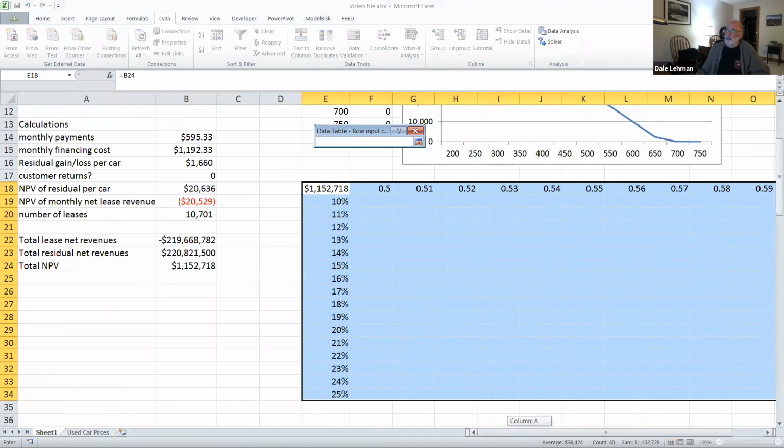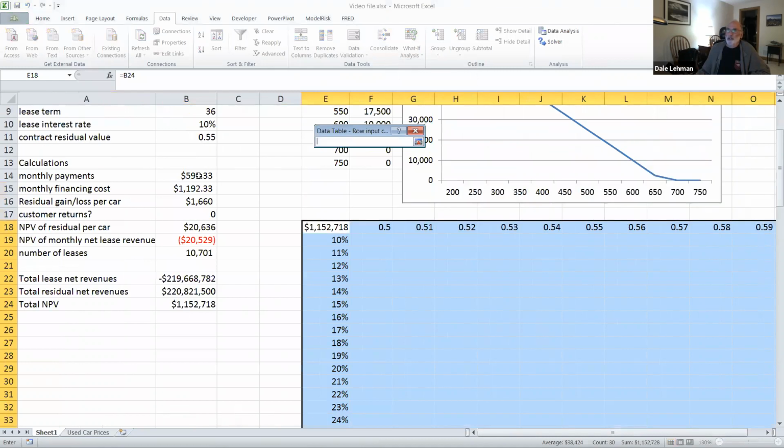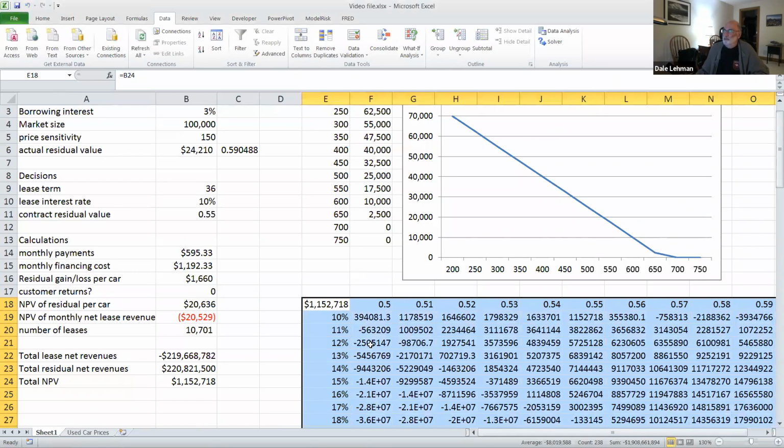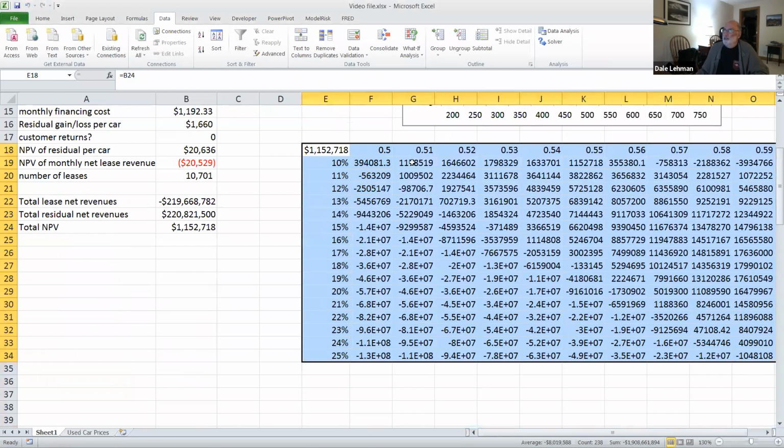Tell Excel to use those numbers in this place on the spreadsheet. The column is the interest rates on the lease. Tell Excel to use that cell for the interest rates. It then fills in the table.